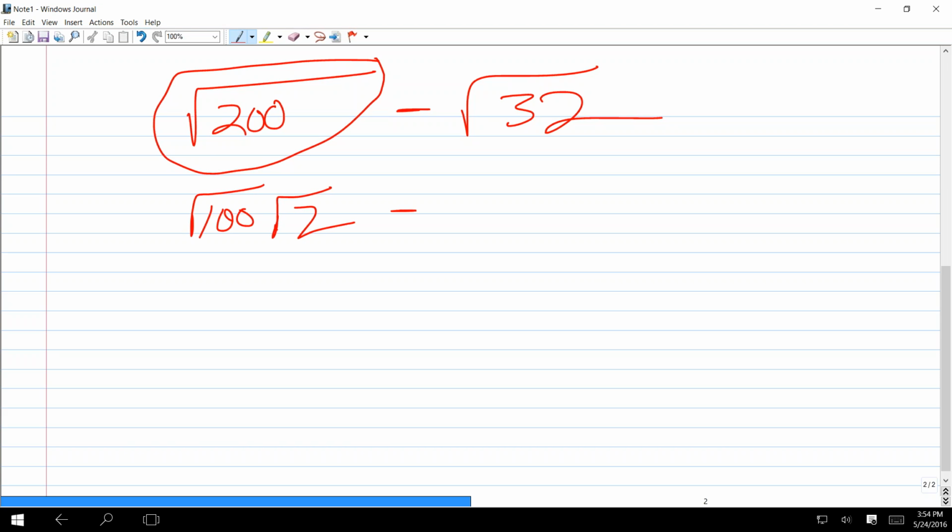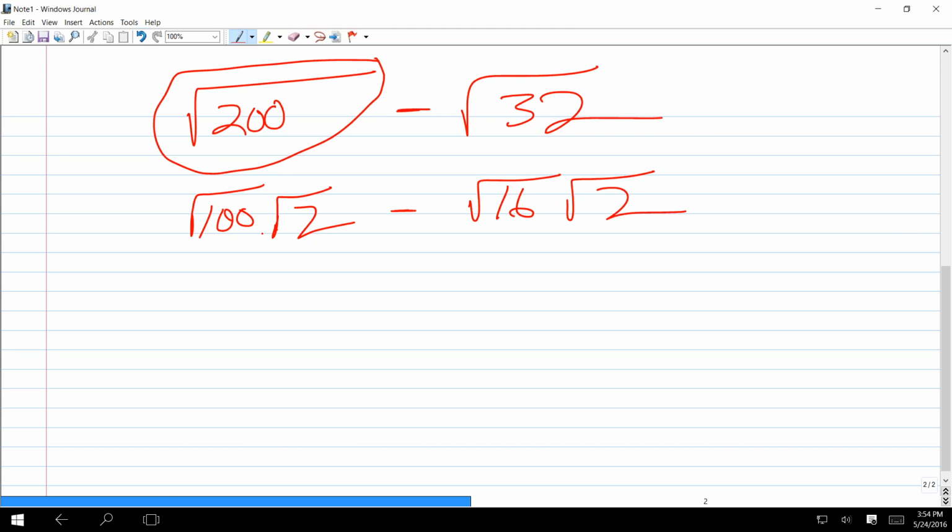Well, what factor of 32 is the largest perfect square number? 16, right. So it's 16 times 2.